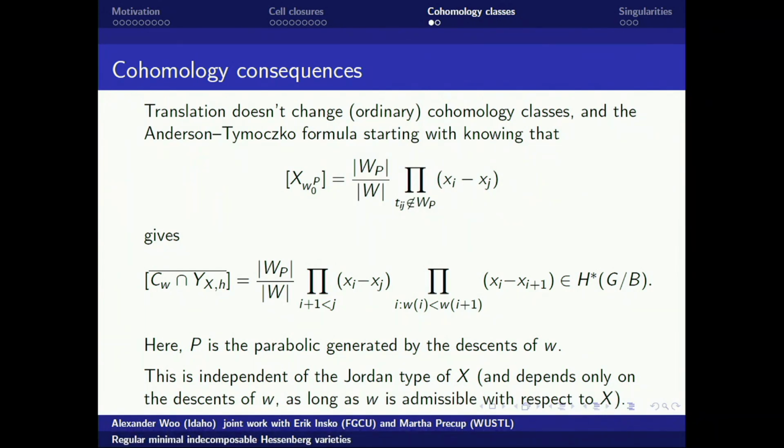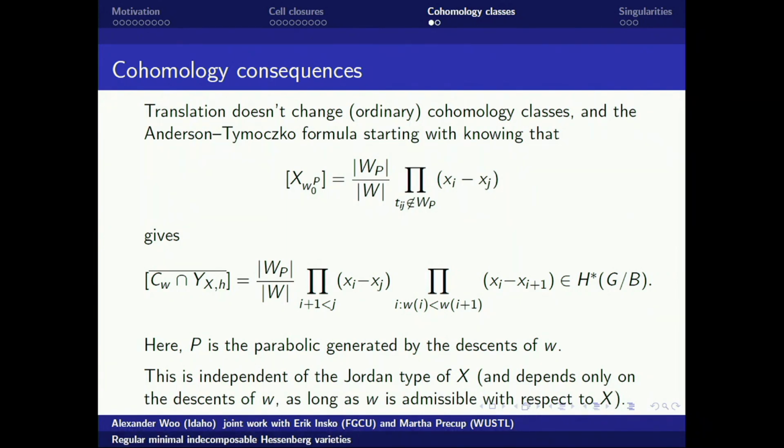This is actually a formula that you might not have known for the class of one of these little flag varieties sitting inside. You might not have known this because in some sense it's a terrible formula. There are minus signs, you have to reduce by the ideal, and they're not the Schubert polynomials.